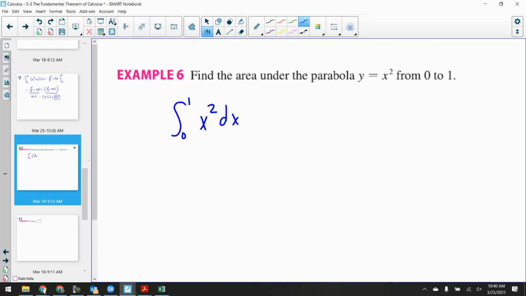I've got to be honest, that's pretty easy if we know the fundamental theorem of calculus 2. That tells us we can do x to the third over 3 from 0 to 1. And man, is it nice when we get a 0 as the starting value. Because now we can just say 1 to the third over 3 minus 0. So just 1/3.